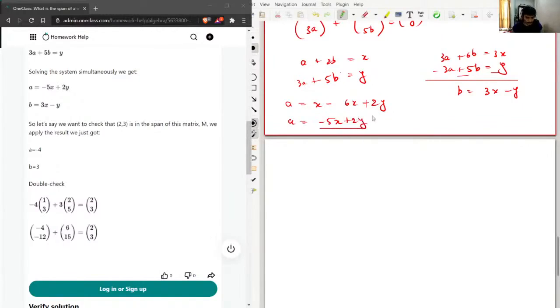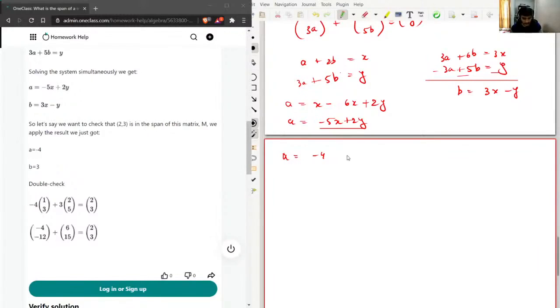Let me just cross check. Yes, so we solve these two equations to get a and b. Now let's check the span for this matrix at 2 comma 3.